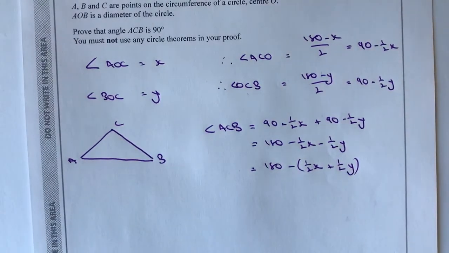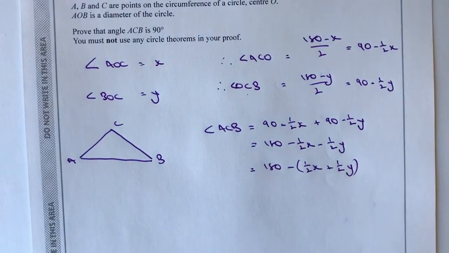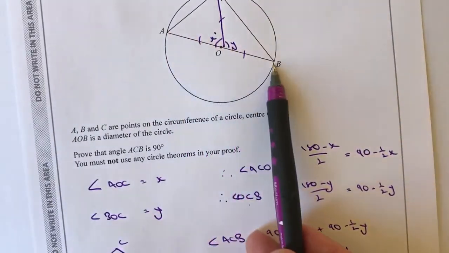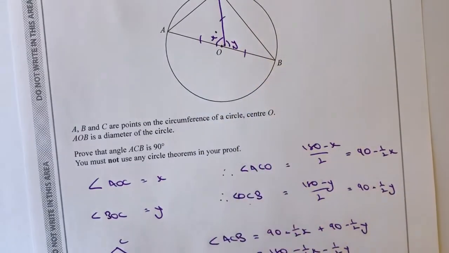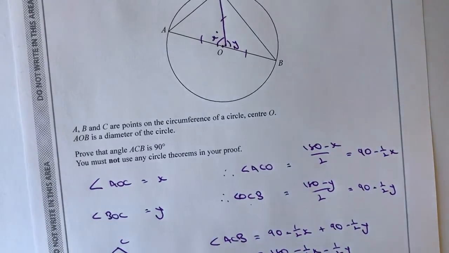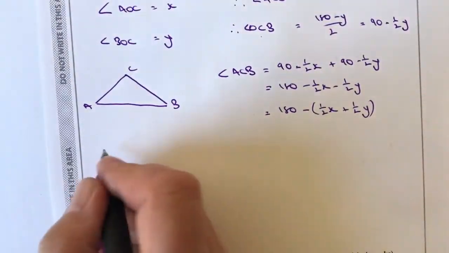This bit here is really important, because if I now look at AOB, which is actually this straight line here, I've got a value of x and a value of y. So 180 degrees equals x plus y, in order to make that straight line. Let's just look at that at the very bottom.